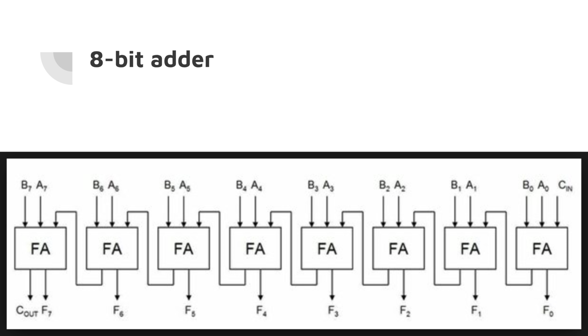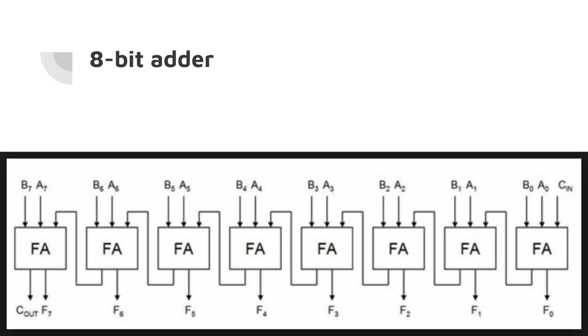But this is how you actually add 2 8-bit numbers. So one of them is called A and one of them is called B. They start at A0 and B0, and you keep putting full adders. There are 8 full adders.